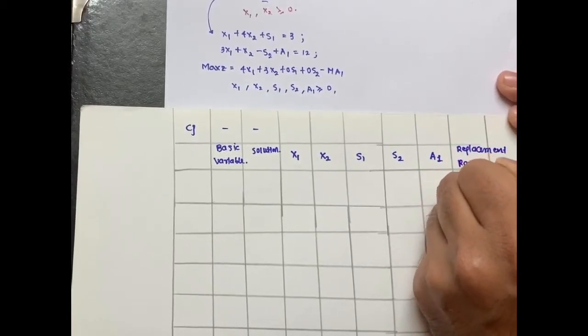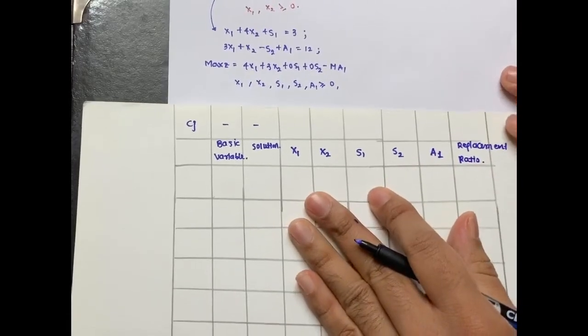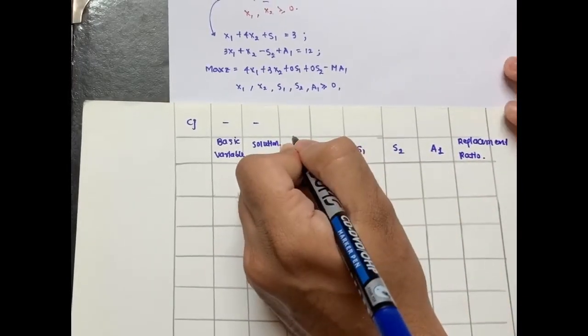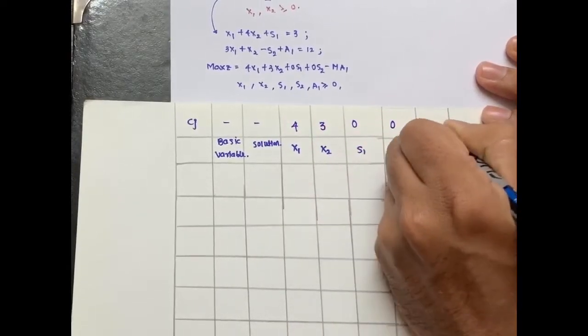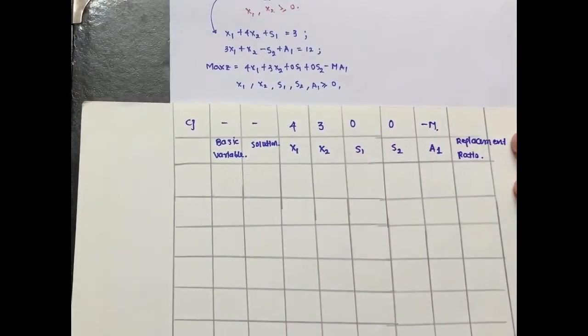The values over here are 4, 3, 0, 0 and minus M.